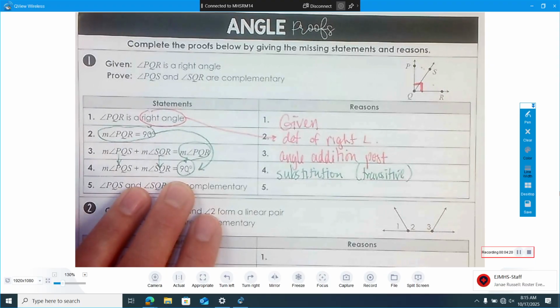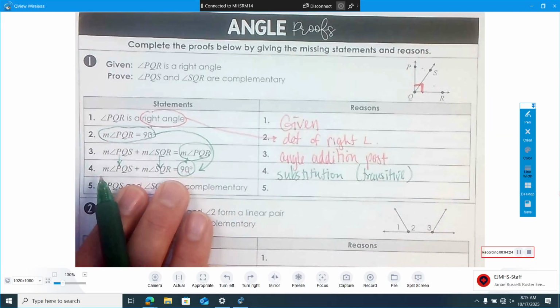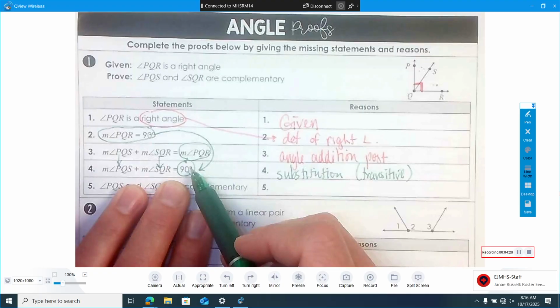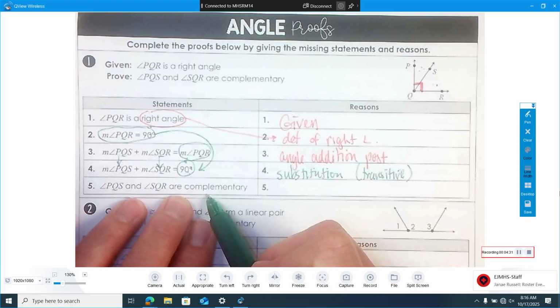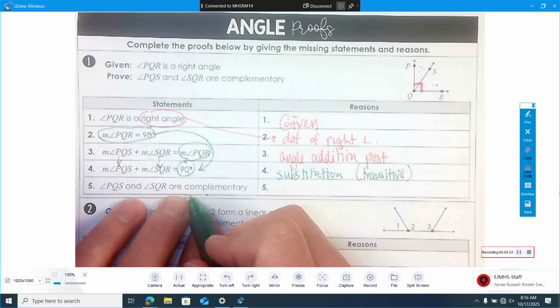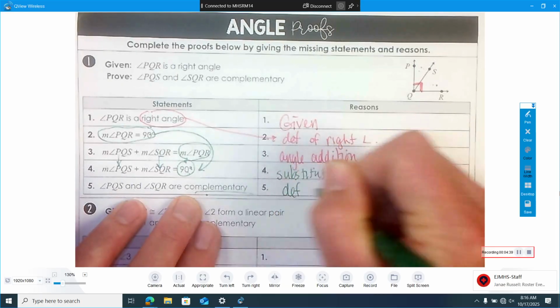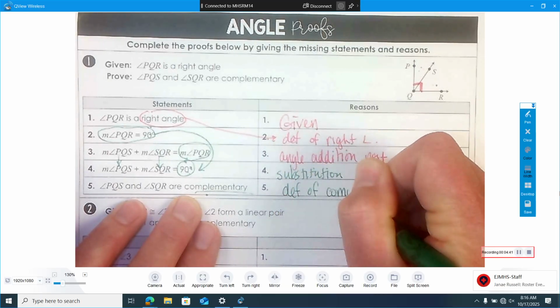So I think that's substitution. But okay. Now, if I have an angle plus an angle equals 90 degrees, 90 degrees means they're complementary. How do we know that they're complementary? Definition of complementary.